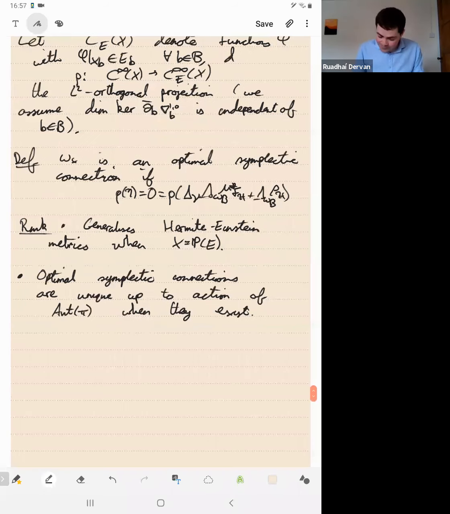Okay, and I'll end with a formal statement of the main result, which relates this optimal symplectic condition to stability. So this is, again, a result with Lars Sektnan.